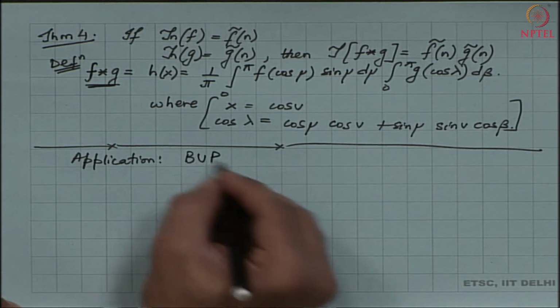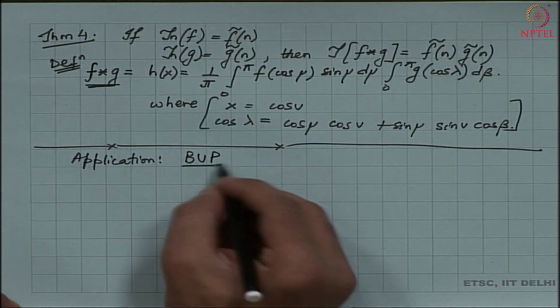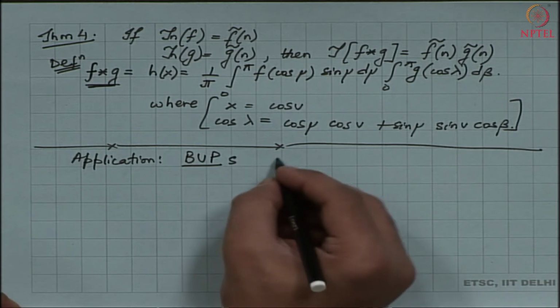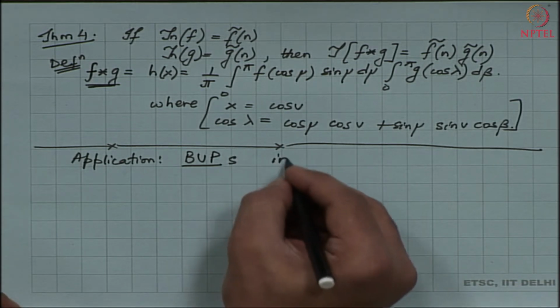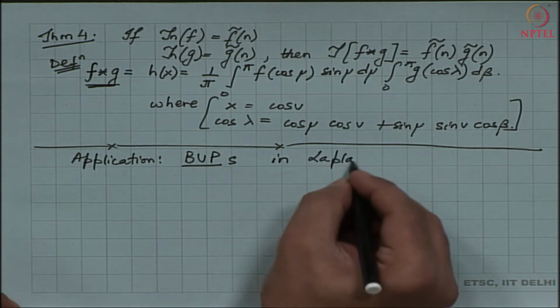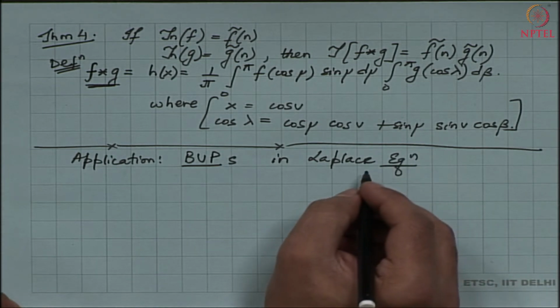So, let us look at one application of Legendre transforms. As I said earlier, Legendre transform has a lot of applications in potential functions and in boundary value problems involving the Laplacian. So, I am going to describe an example of a boundary value problem in the Laplace equation.